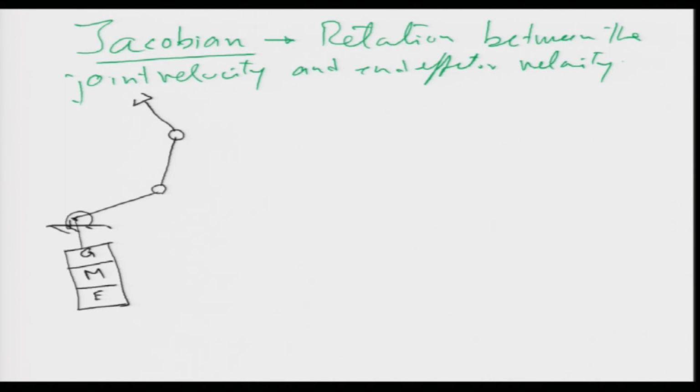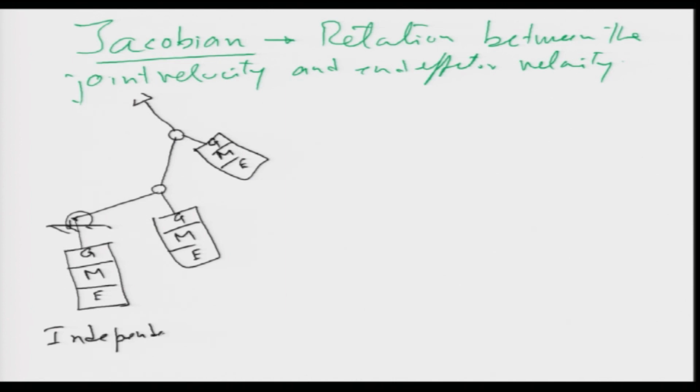Similarly here also there is going to be a motor, gear, and an encoder, and this type of actuation is called independent joint control, where every joint has a gear, actuator, and an encoder. Now this is my variable theta 1, this is my variable theta 2, and that is my variable theta 3.